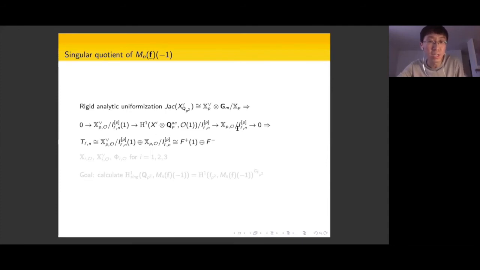So this exact sequence actually splits, and I will call the co-character group F plus and the character group F minus. And what this does is it allows you to compute the singular quotient of the triple tensor product Galois representation. Recall the singular quotient of the triple tensor product Galois representation can be computed using the inertia group at p.